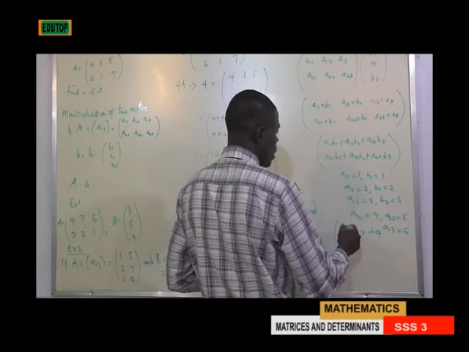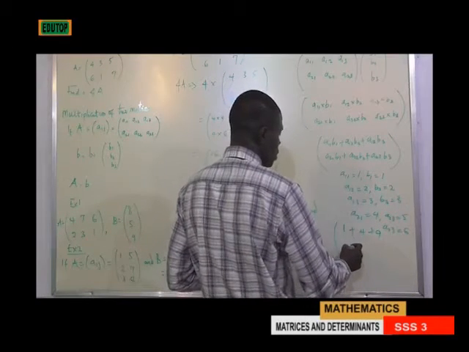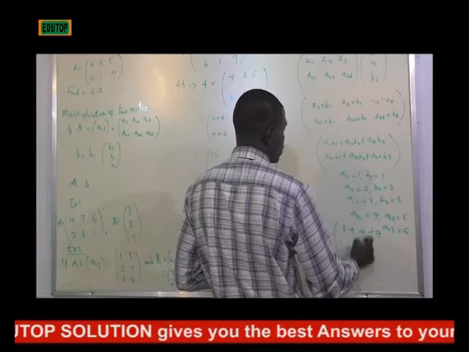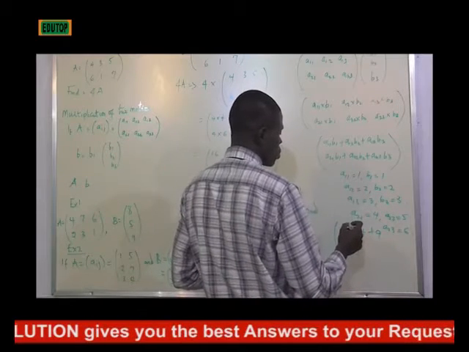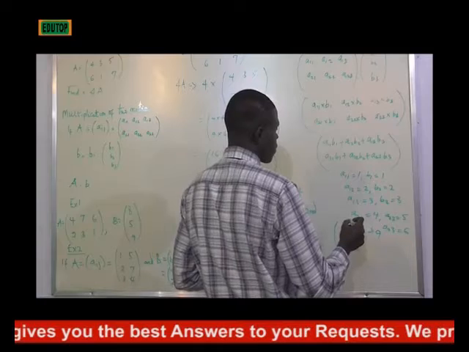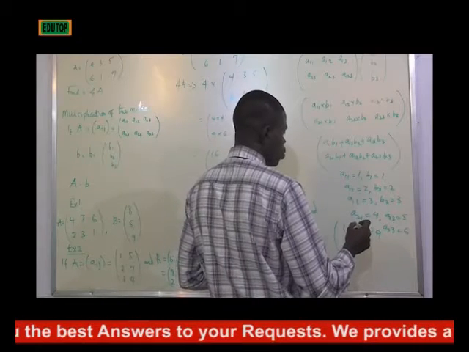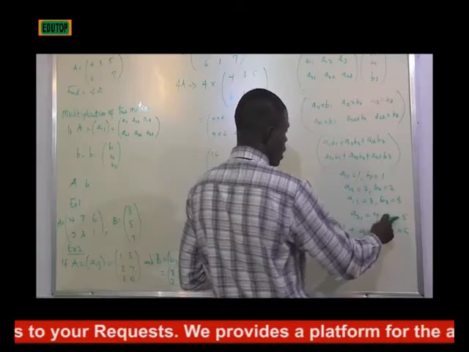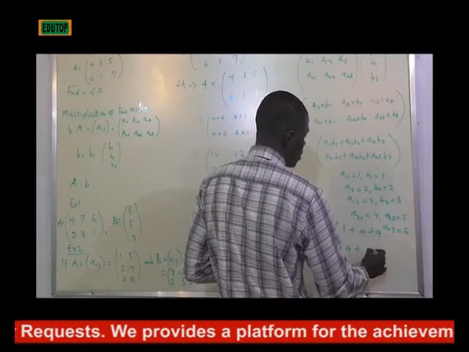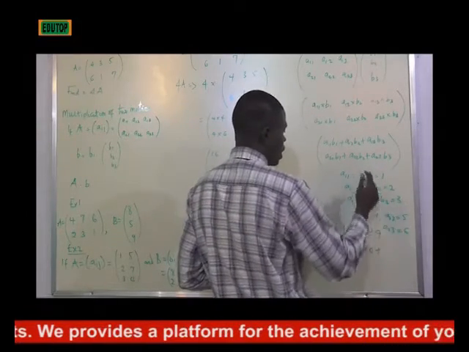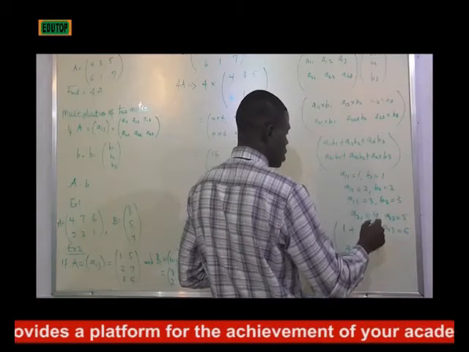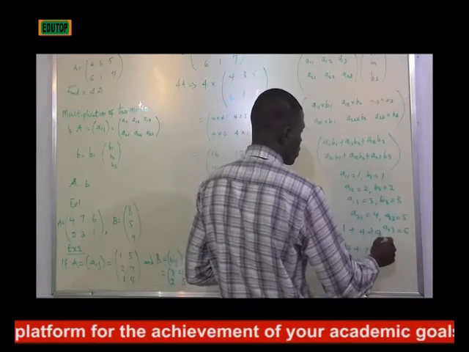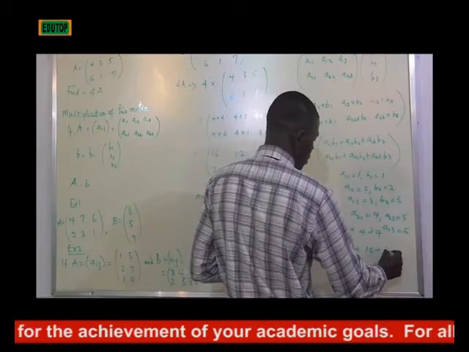Then here, A21, which is 4, times B1, that's 4, plus A22, that is 5, times B2, that is 10, plus A23, 6, times B3, that's 18.